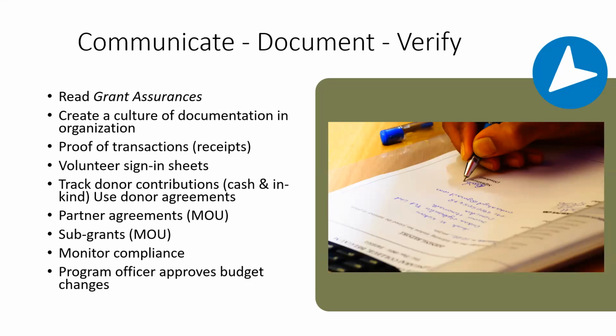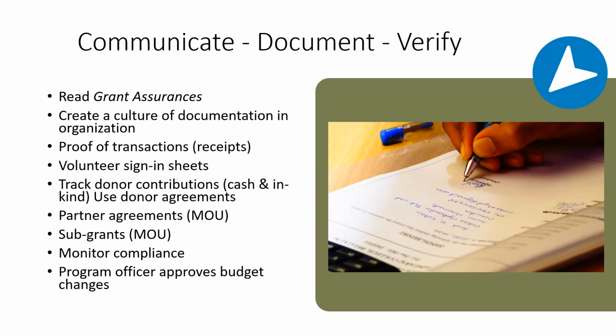You need to document that and track it with an MOU. Monitor compliance. Don't just think that all of your staff and all of your partners are going to be keeping the records that they need to keep. You're going to need to set up some framework in your organization where you periodically check to see that all the documentation is coming in.